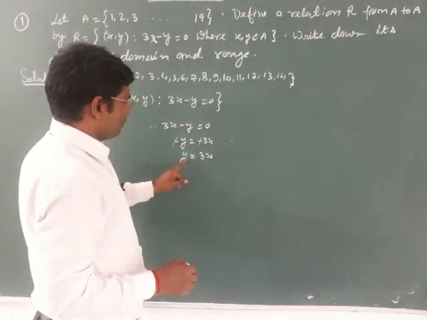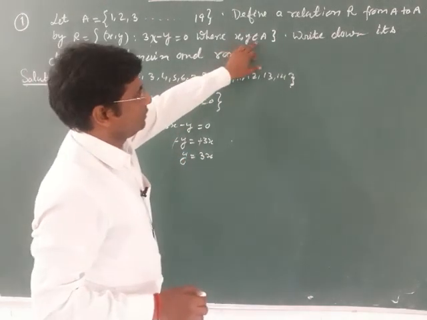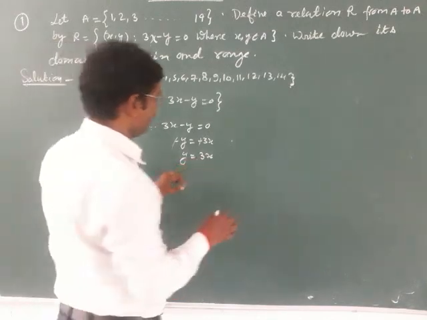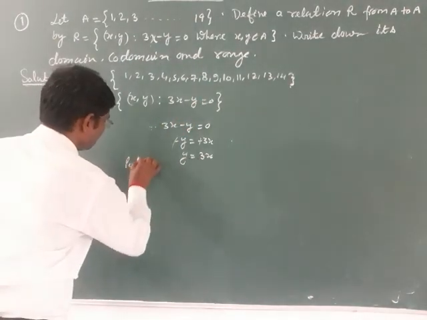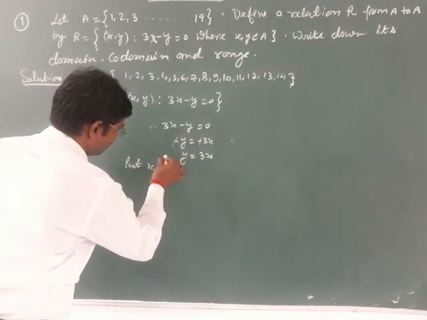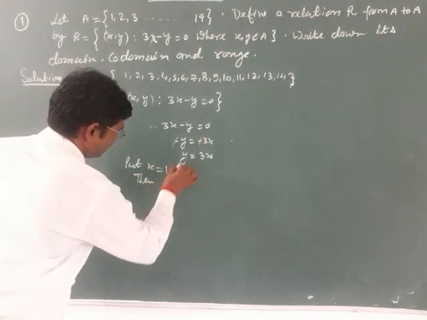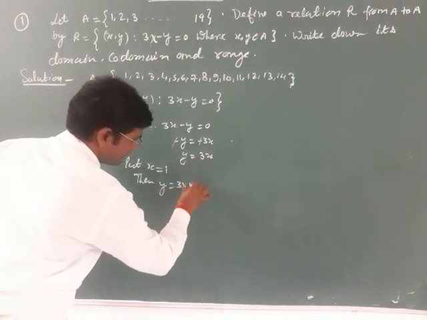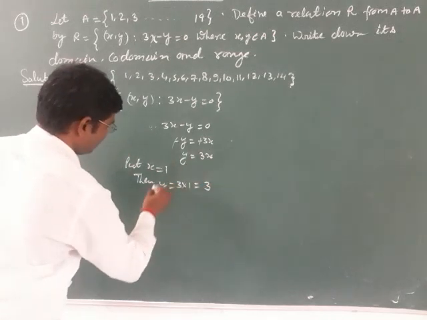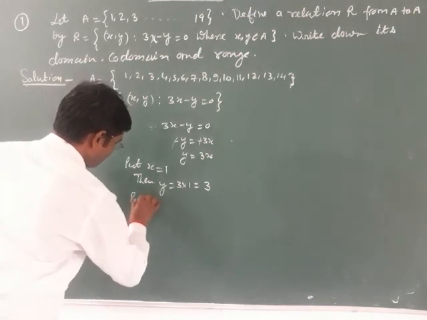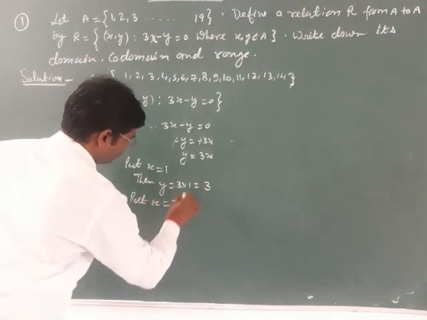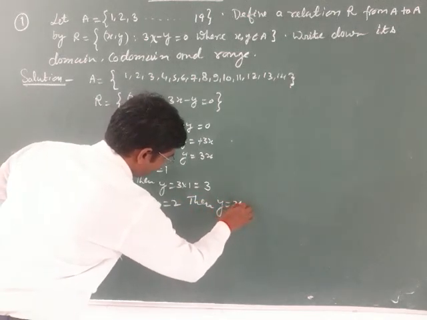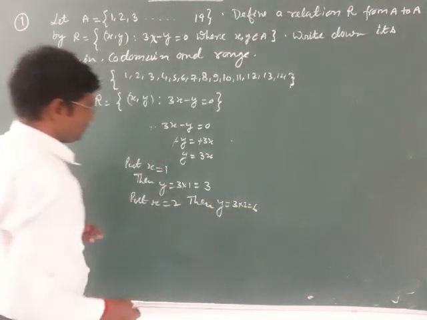Given x, y belong to set A. So now put x is equal to 1, then y is equal to 3 into 1 is equal to 3, and put x is equal to 2, then y is equal to 3 into 2 is equal to 6.